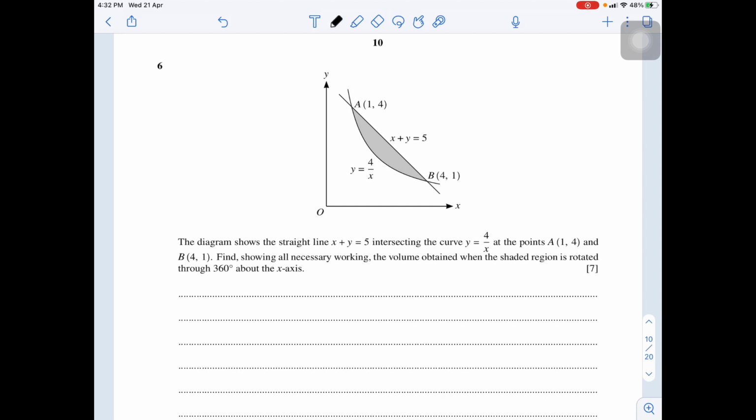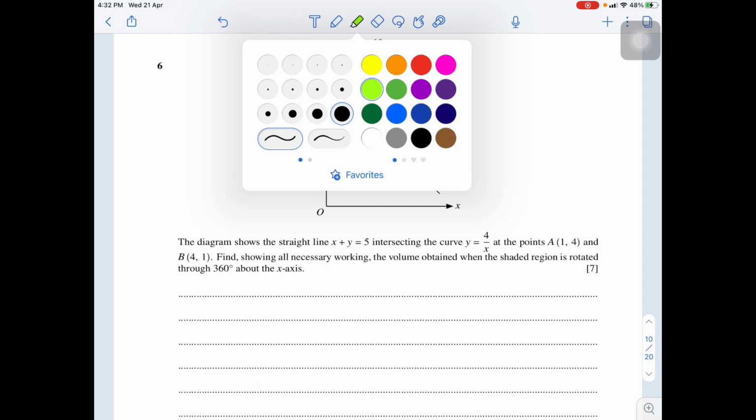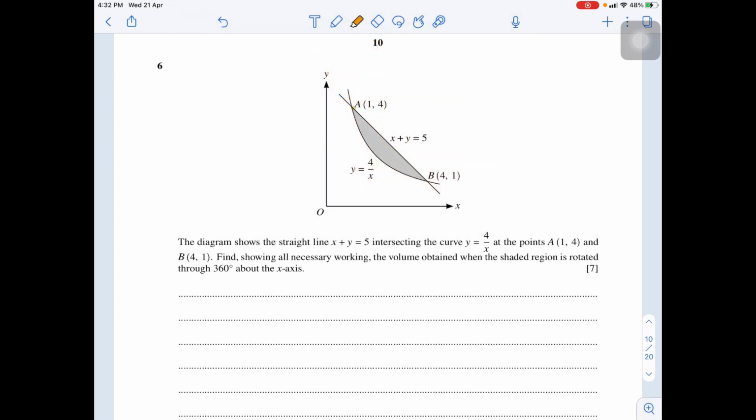The diagram shows the straight line x plus y equals 5 intersecting the curve y equals 4 over x at the points A(1, 4) and B(4, 1). Find, showing all necessary working, the volume obtained when the shaded region is rotated through 360 degrees about the x-axis.